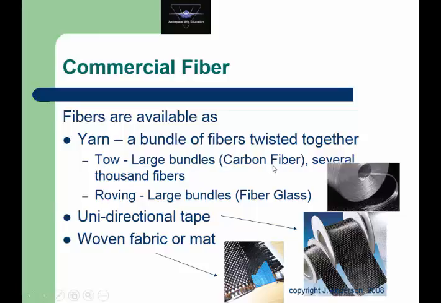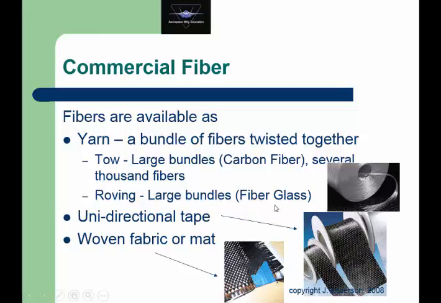If we're talking about carbon fibers and we take many yarns and twist them together, then we end up with a large bundle of carbon fibers, and we refer to that as a tow. And this may be several thousand fibers in the tow. And this looks like a string or a rope.